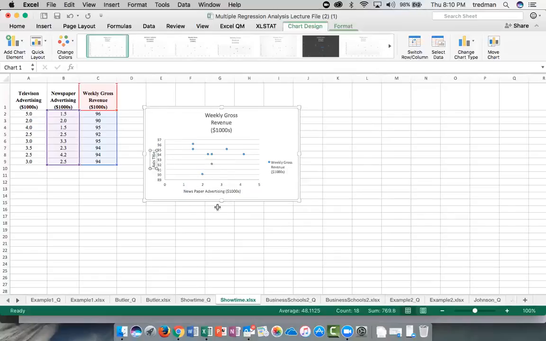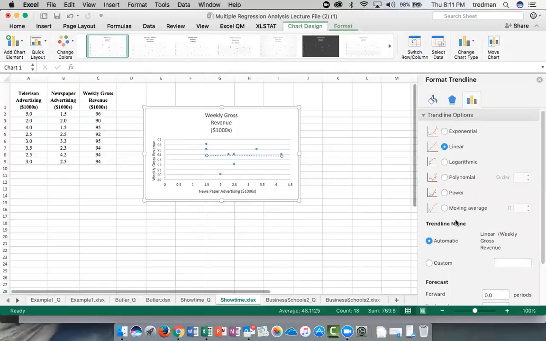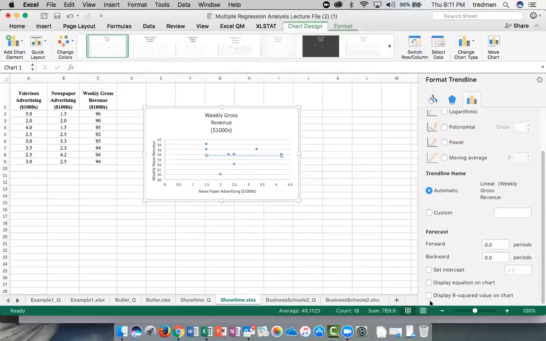And then this is your weekly gross revenue. And we'll add a trend line, display R-square, and display the equation.